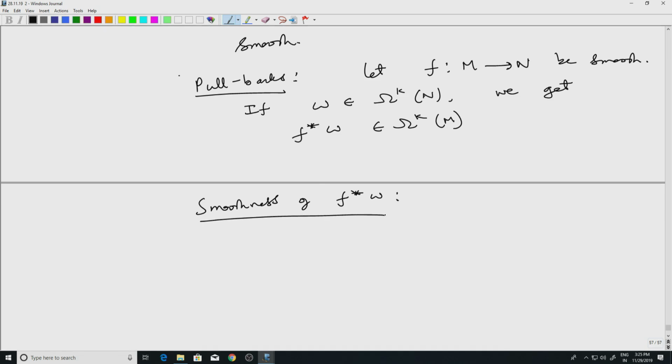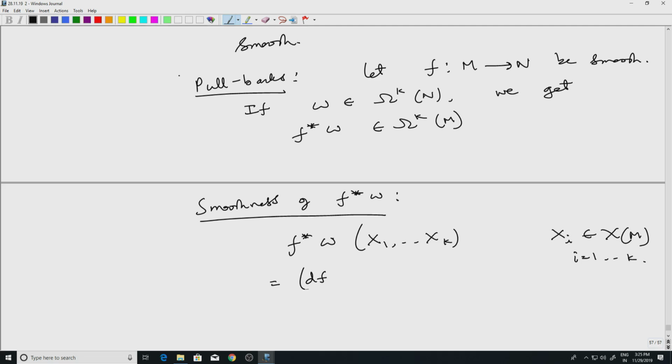This subtlety arises because of the following reason. Suppose I want to go by the definition of smoothness, then I'll have to plug in K vector fields on M. So each of these X_i are vector fields on M. Let's write down what this really means.